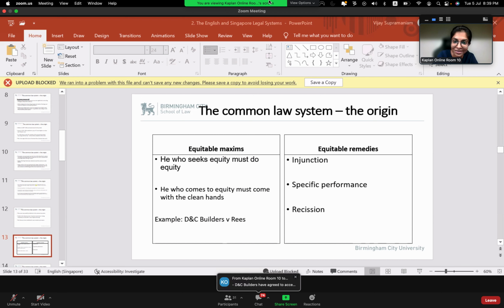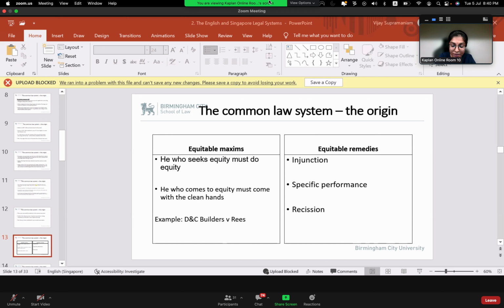Do you see here? So they were relying on equity. Promissory estoppel is an equity, which means that if you have made a promise, the law, based on the principle of fairness, says that you cannot go against your promise. So the Reese argued that equity should protect them.